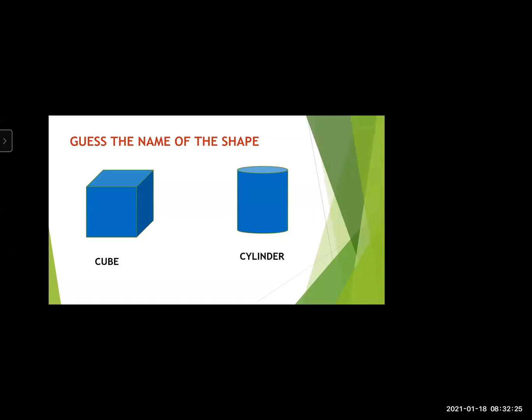Why is a cuboid called a rectangular prism? Okay, I will tell you. The prism which has a rectangular base is called a rectangular prism. In the triangular prism, the base is a triangle. That's why it's called a triangular prism.